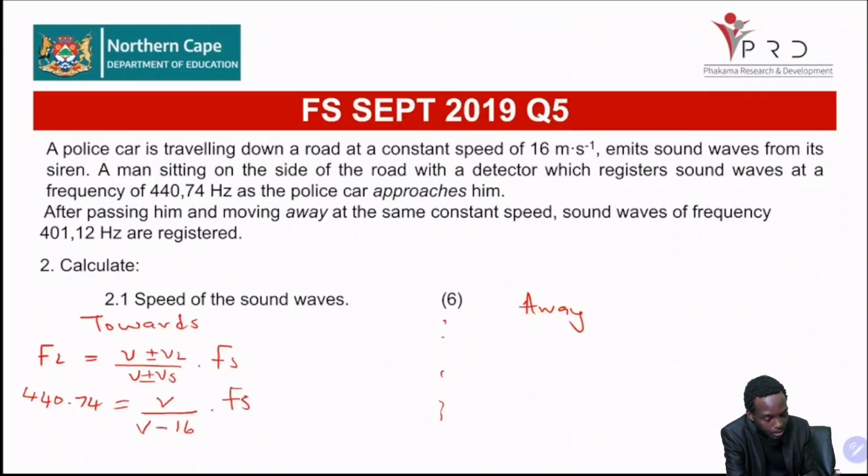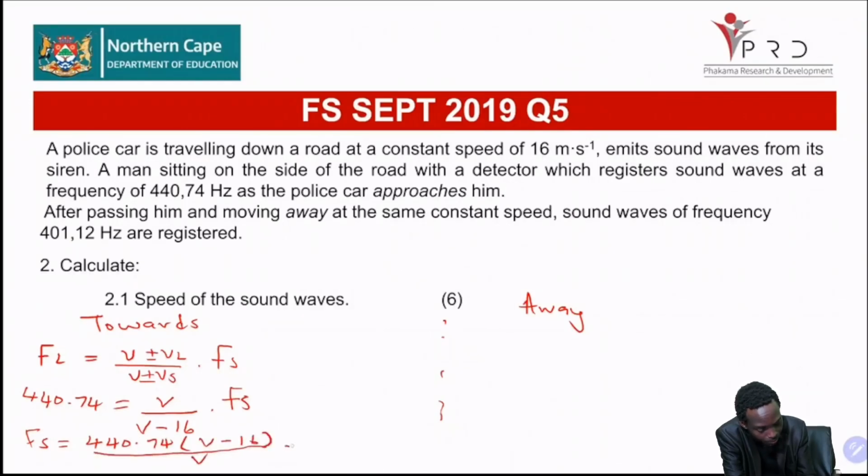Okay. In this case, I want to make Fs the subject of the formula. So Fs is going to be 440,74 (V minus 16) all divided by V. Then this will become my equation number 1.